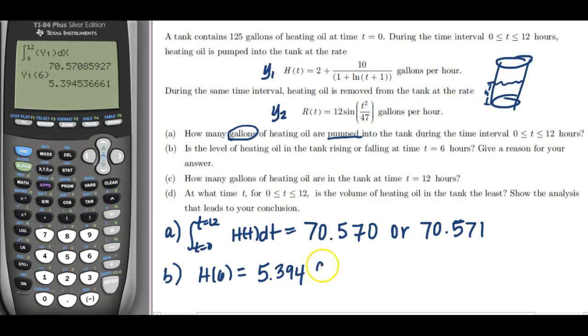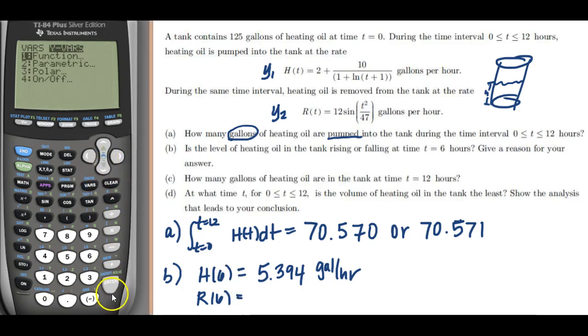So this is in gallons per hour. So this is the rate at 6 hours at which oil is coming in. So now let's compare that to R of 6. So that would be VARS, Y-VARS. We can go down one to Y2 of 6.